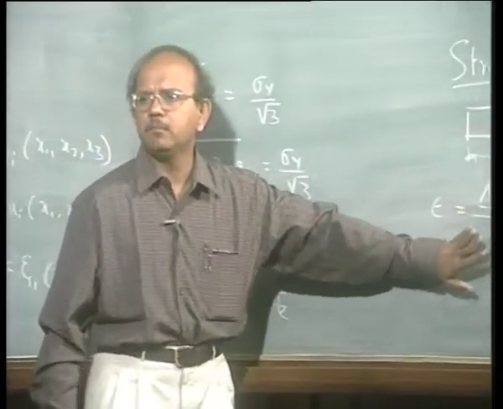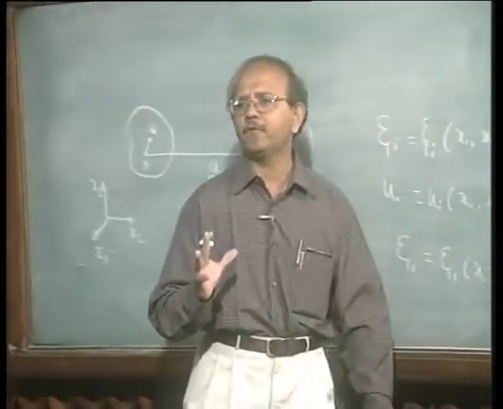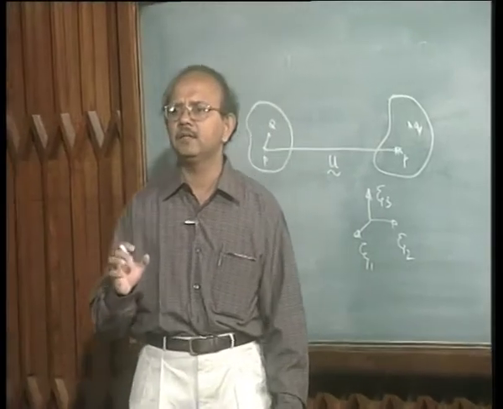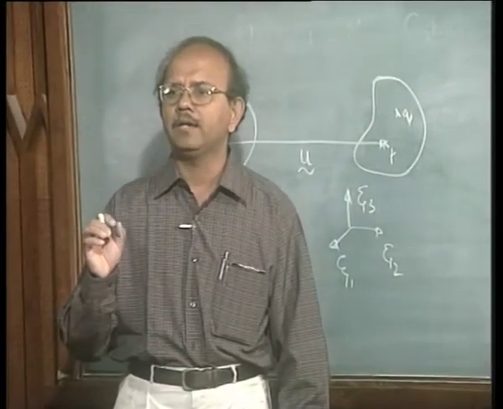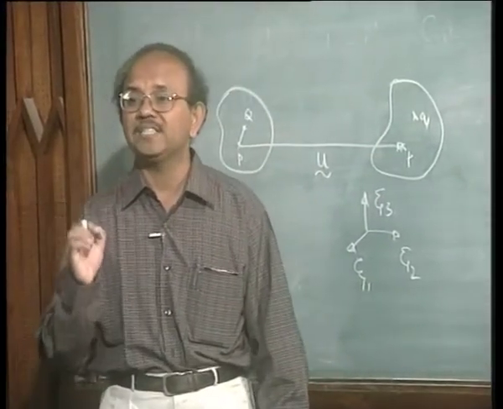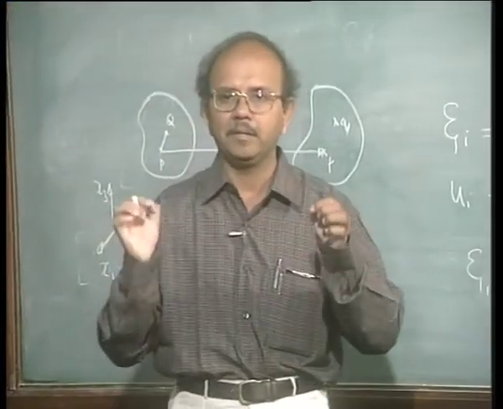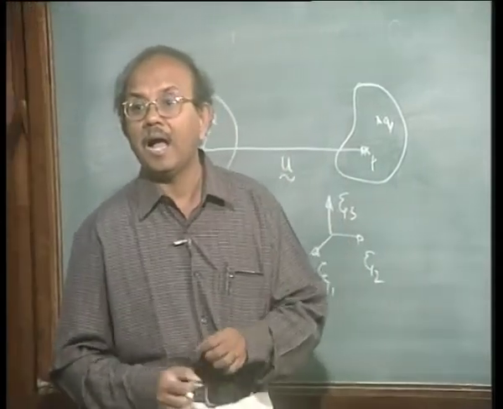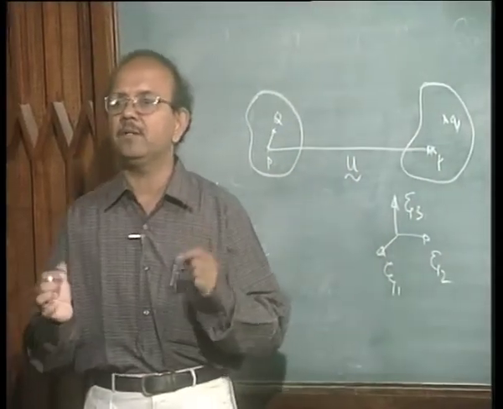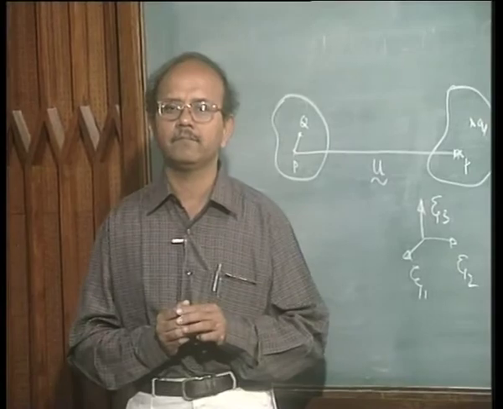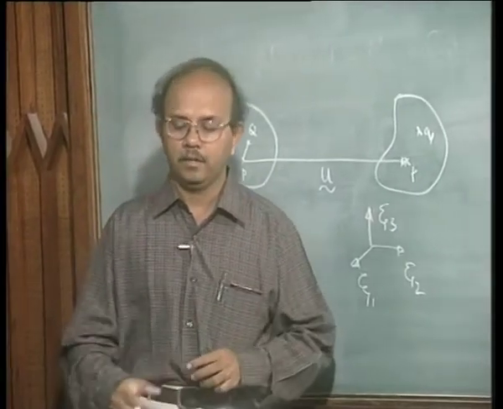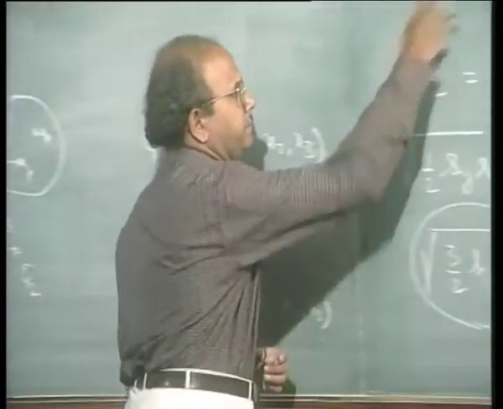So I have to find out the change in length, and hence I have to find the length of the original line segment capital P capital Q and the new line segment small p and small q.